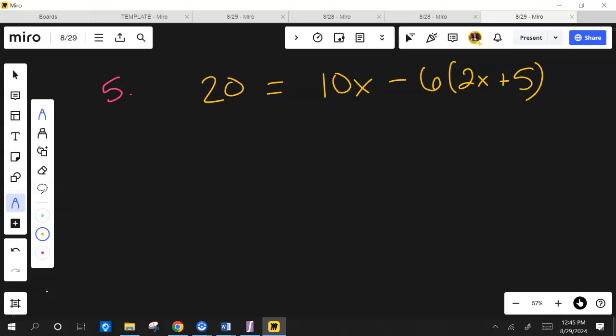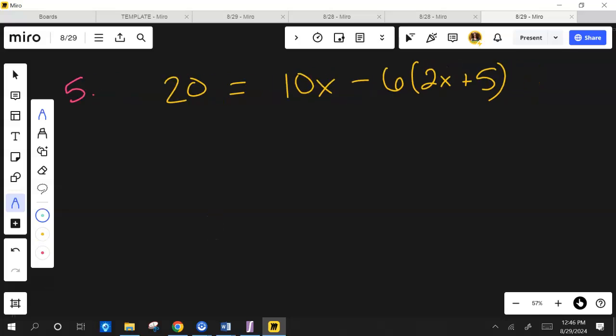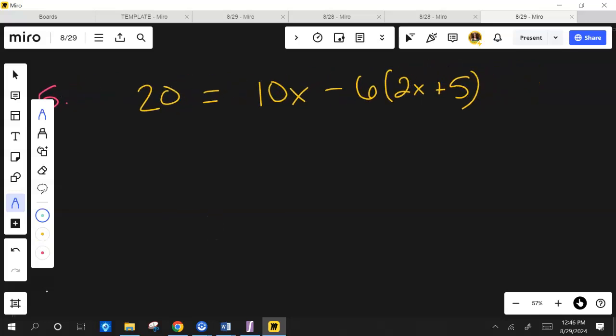Now, be careful. Why is this one tricky, Max? What makes it tricky when I distribute? Look in front of that 6. It's minus 6, right? So that's a negative 6 that I'm distributing through. Be very careful.